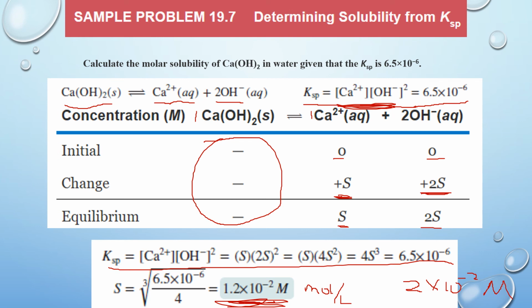That's because of our assumption that only calcium cation and hydroxide anion are produced from the dissolution. In this case, CaOH plus is another possible species generated from the dissolution of the solid calcium hydroxide. But again, we ignore it.